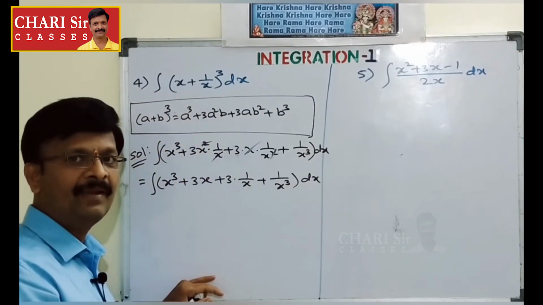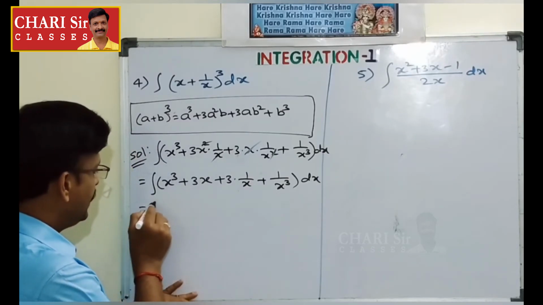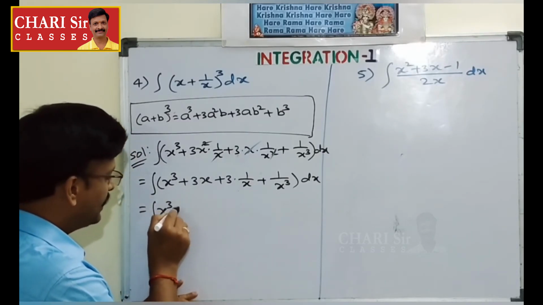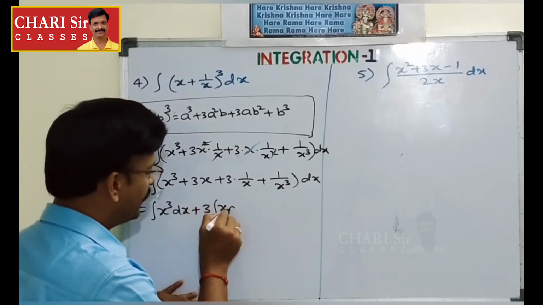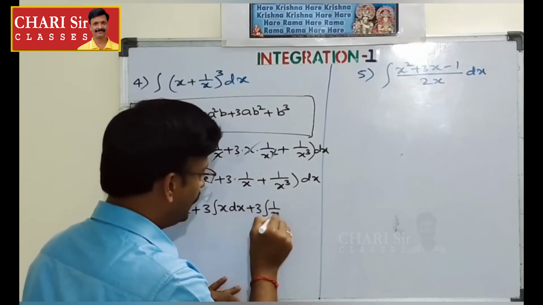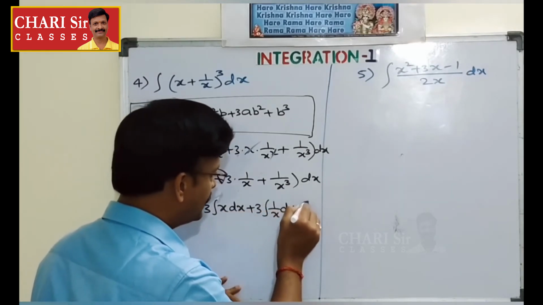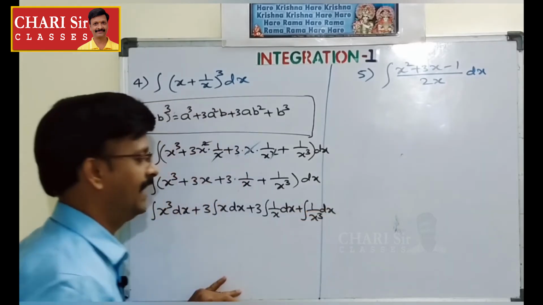Now you can apply the integration for each and every term. That is the integration of x³ dx, plus 3x, that is 3 into the integration of x dx, plus 3 into the integration of 1/x dx, plus the integration of 1/x³ dx.